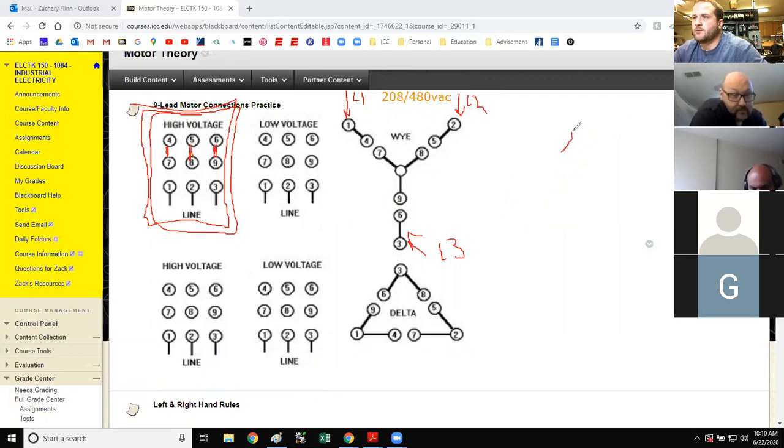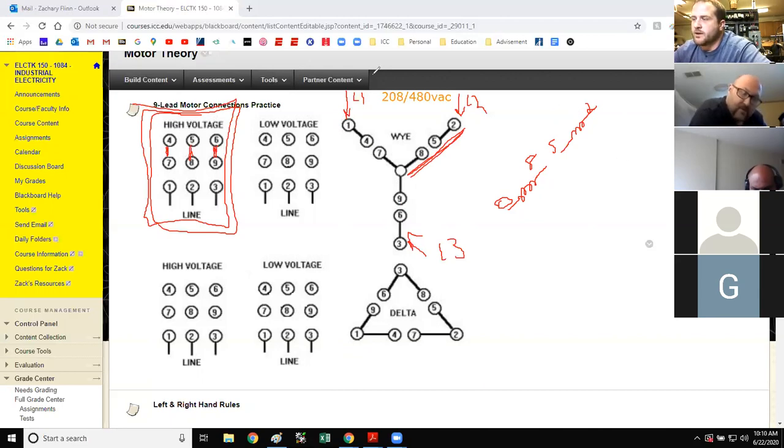You've got one winding here and one winding here. We'll just call that 8, 5, and 2. So this represents this side of that Y set of windings.